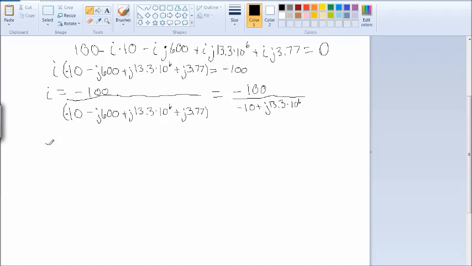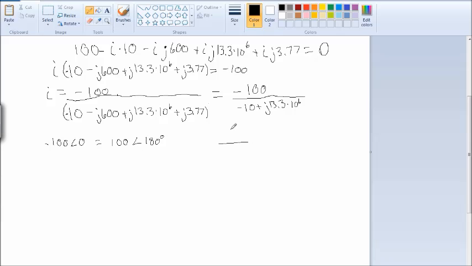So I'm going to say the top is -100. There's no j involved, so we can call that angle 0, or you can, okay, so let me show you something. Angle 0, this is the same thing as saying 100 angle 180 degrees.